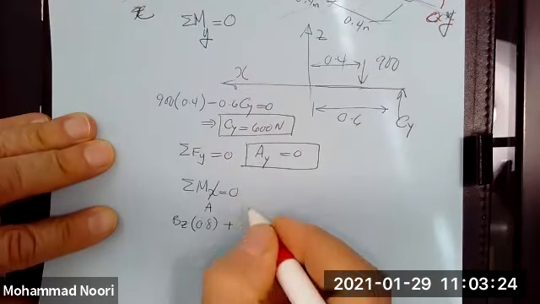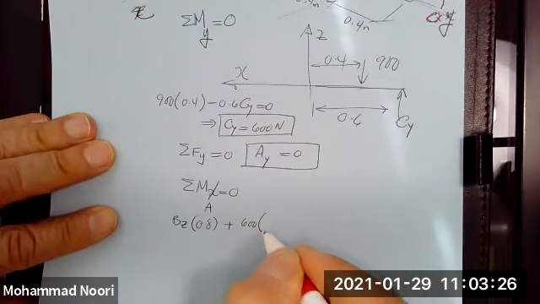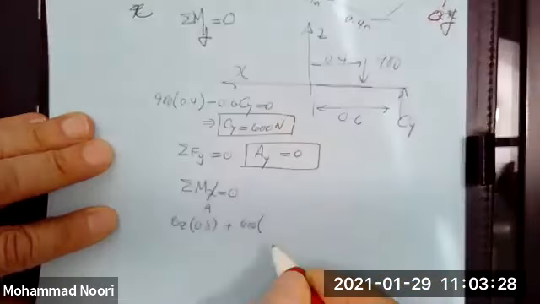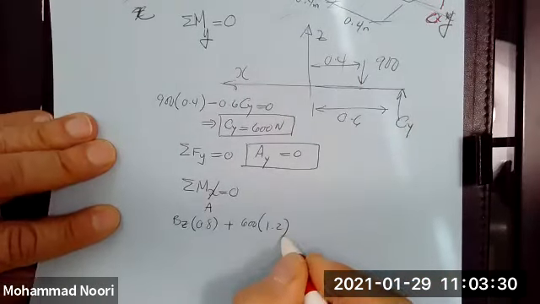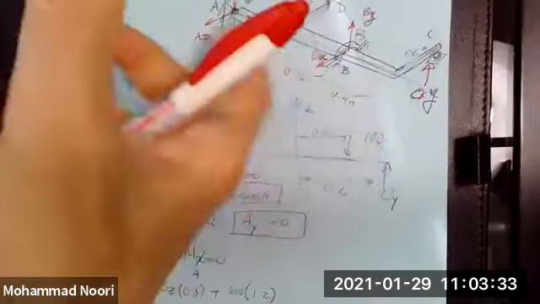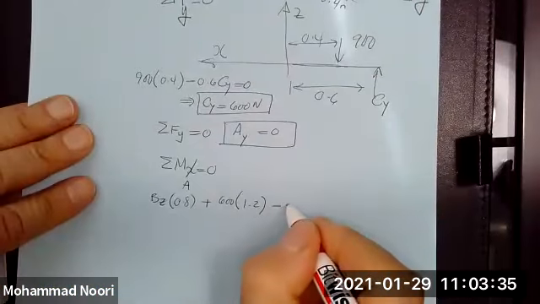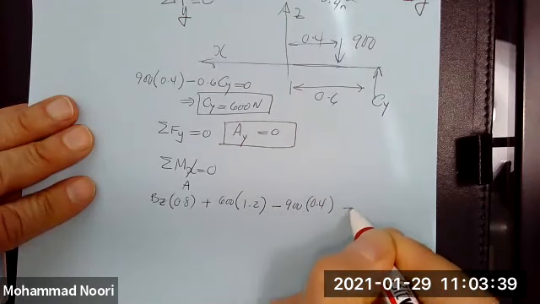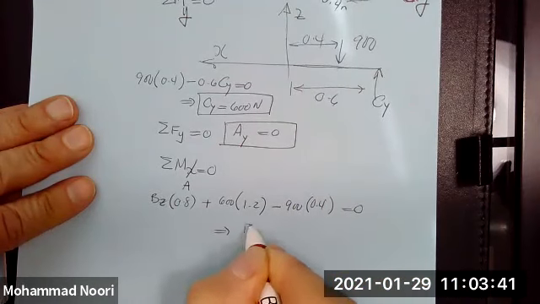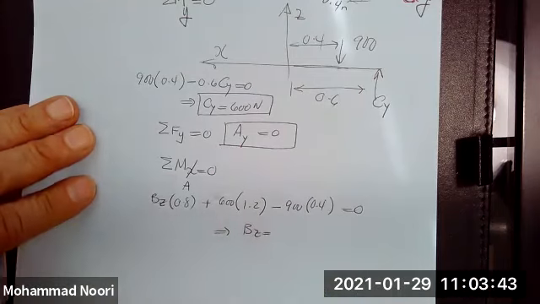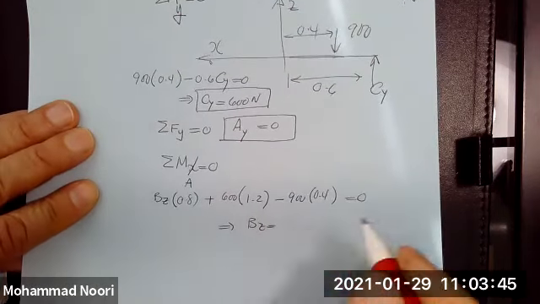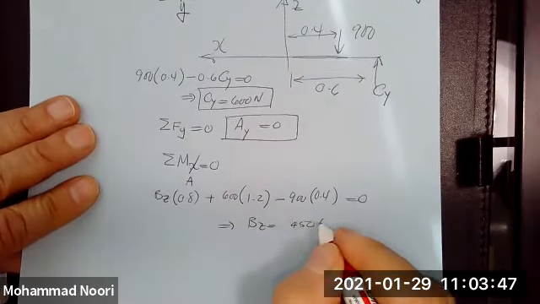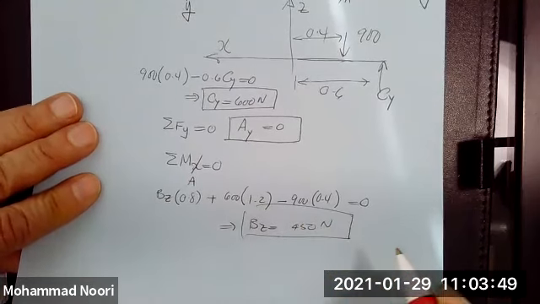So you have cy, which we already found, times this distance, 1.2. And this one would be in the opposite direction. So it would be negative 900 times 0.4 equal to 0. So that will give you BZ that you can quickly find. And that would be 450 Newton.